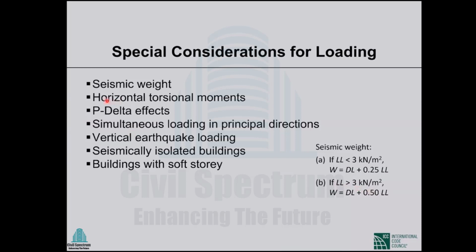Now, the other points, like if the building has horizontal torsional irregularity, not irregularity, torsional moments, we have to calculate for lateral load. If there is torsion, we can calculate that.